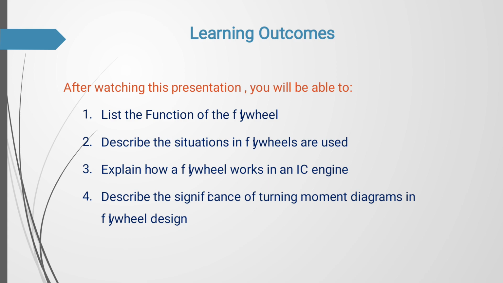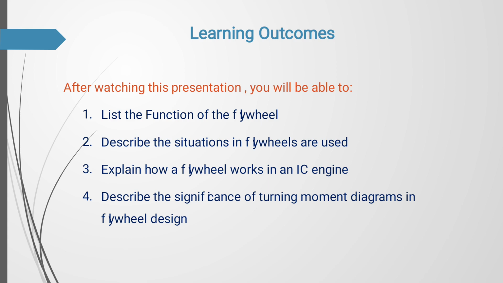Then fluctuation of energy. What is fluctuation of energy, and how does it occur in this engine? Next, determination of maximum fluctuation of energy: how can we calculate it? Fluctuation of energy is a practical case; it occurs in every engine cylinder.